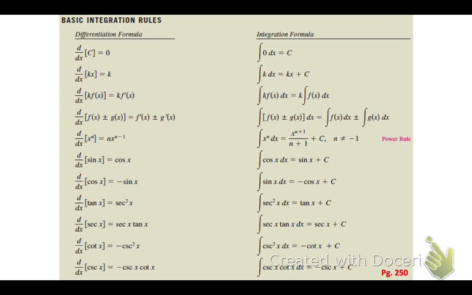That is right here. It's the power rule, because the power rule is the basic one. So let's look at it. It has x to the n.